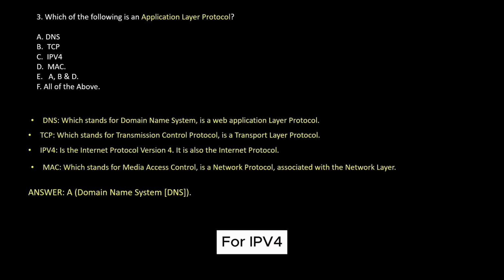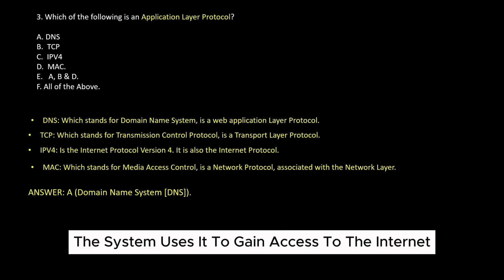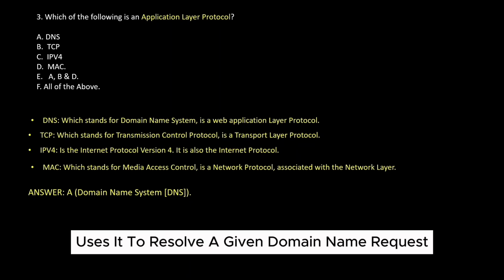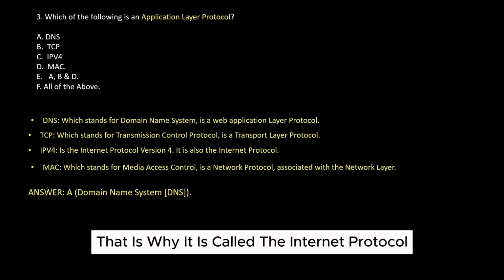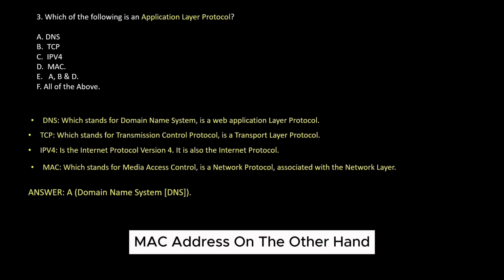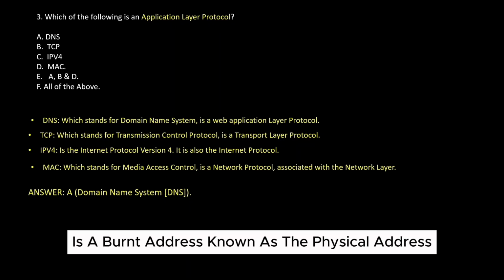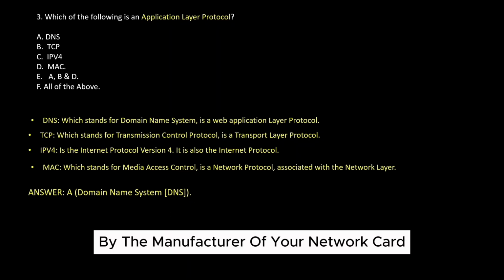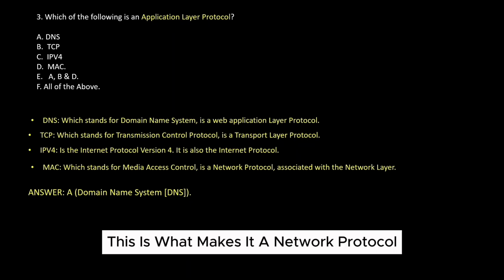For example, for IPv4, a system uses it to gain access to the internet, and DNS uses it to resolve a given domain name request. That is why it is called the Internet Protocol. MAC address, on the other hand, is a burned-in address known as the physical address by the manufacturer of your network card. So basically, it's bound on the network card. This is what makes it a network protocol.